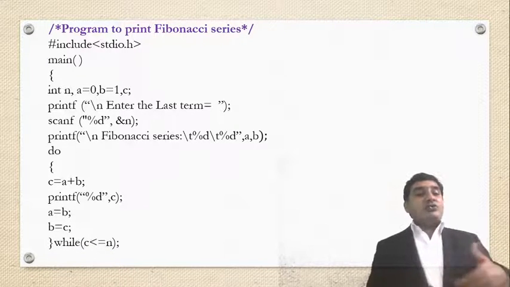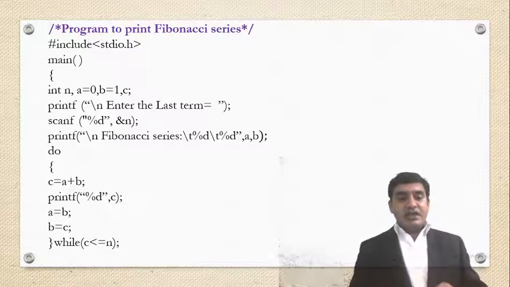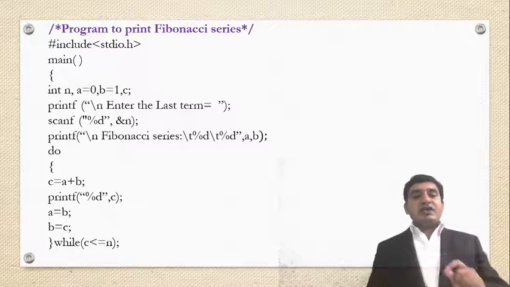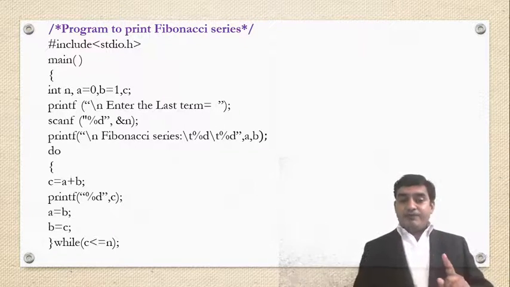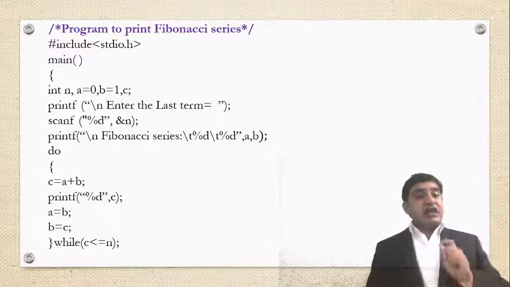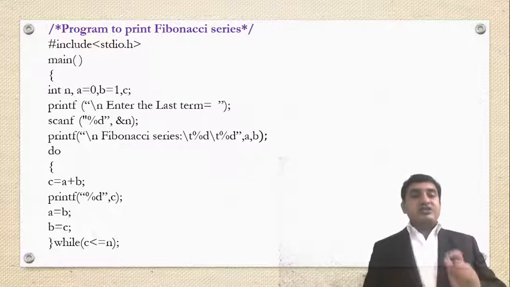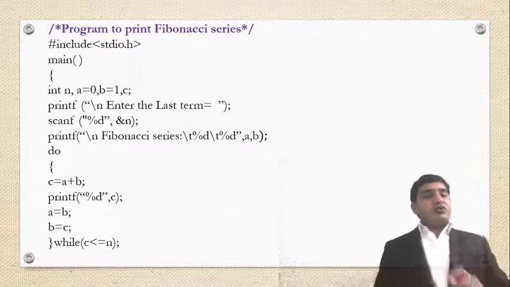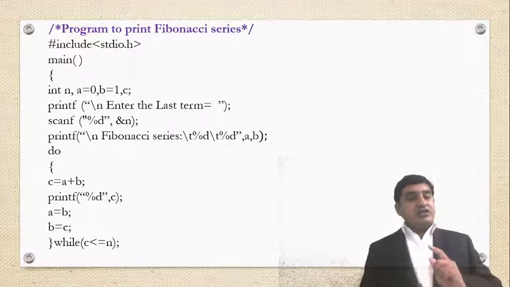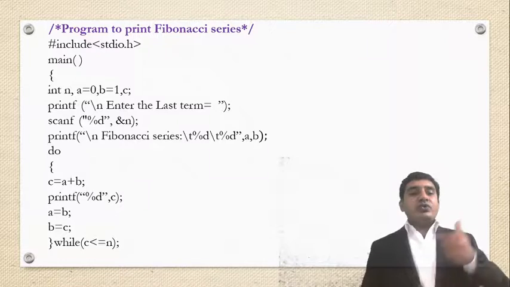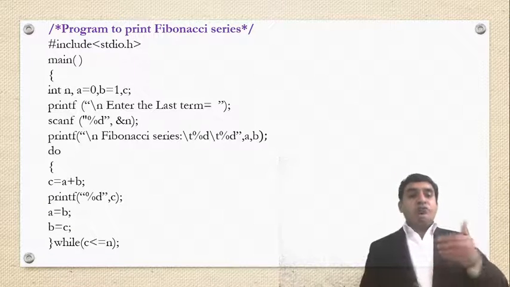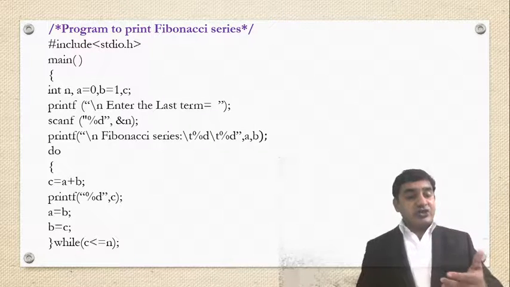And we have to check the condition while c is less than or equal to n. If this condition is true, then the do loop is executed.